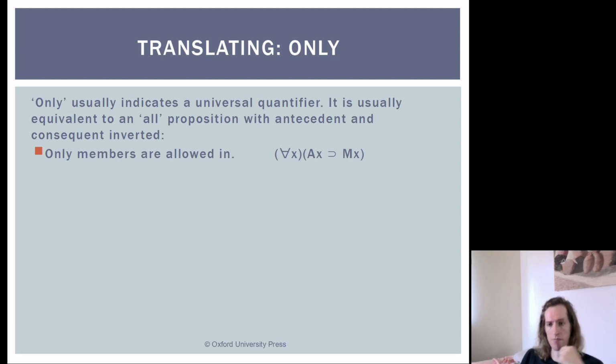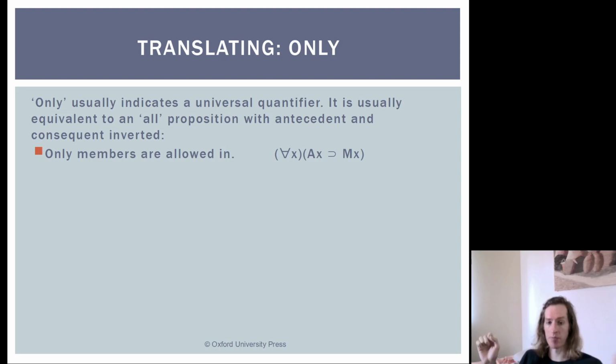When I say "only members are allowed in," I would translate that in this way. For all x's, if x is allowed in, then x is a member. Because the sentence is saying that the only people or the only things that are allowed in are members.